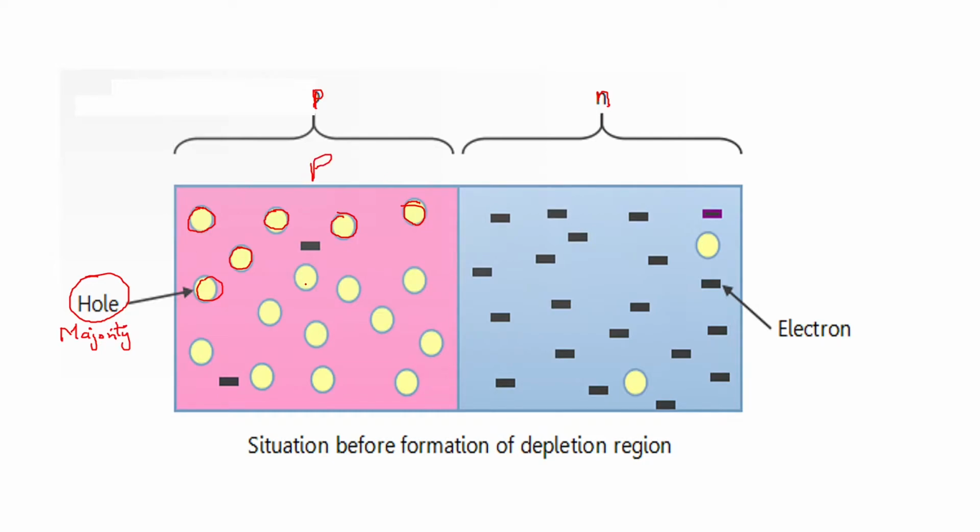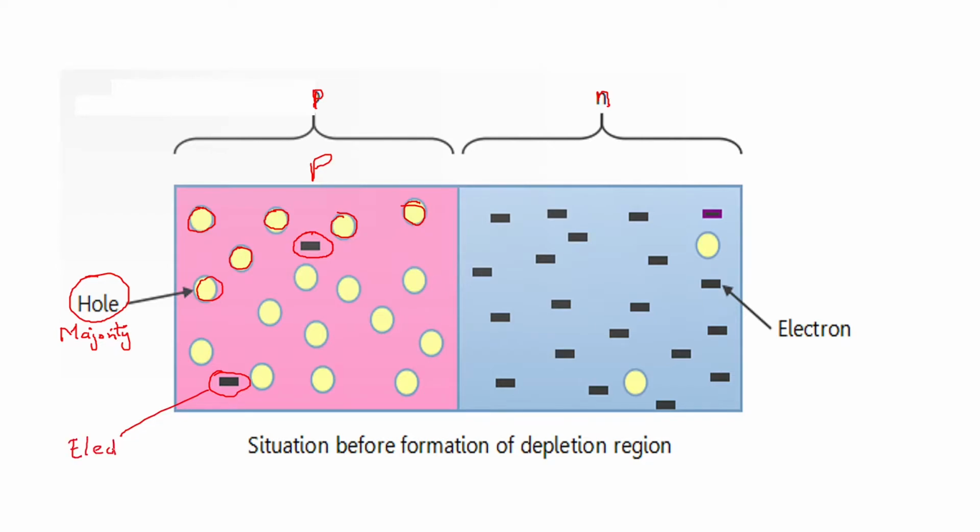Also in p-type, we have minority charge carriers, that is, some free electrons are broken from their covalent bonds because of an increase in temperature. Because of the temperature, we have a few electrons. Here one electron we have shown, and here one electron we have shown. A few electrons are there which are minority charge carriers.